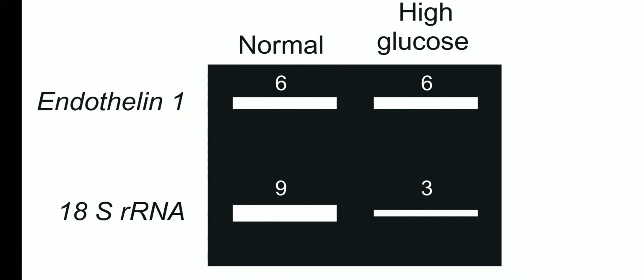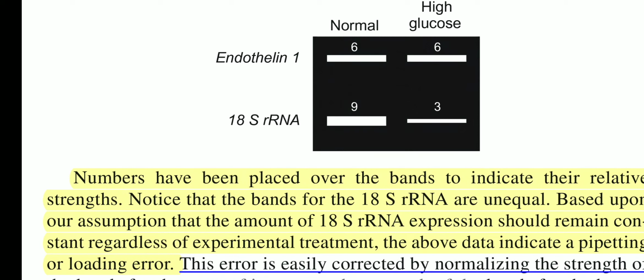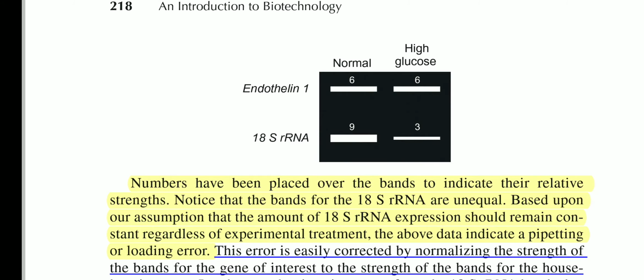It is proved now, because 6 into 3 is equal to 18. So 18 times more mRNA is expressed; the gene is overexpressed in this high glucose solution having a culture of endothelial cells. So this is how we use the PCR technique to check whether, in a particular condition, our desired gene is being overexpressed or not, without error, by taking this homeotic gene or 18S rRNA as a checking indicator of relative strength.